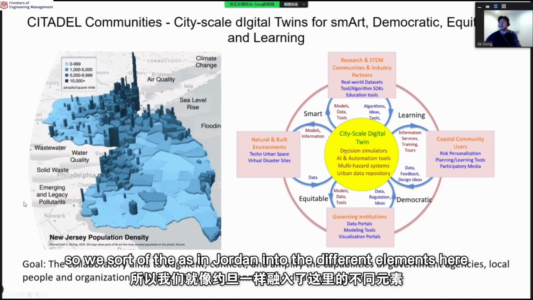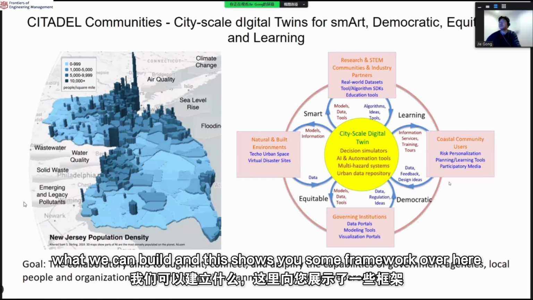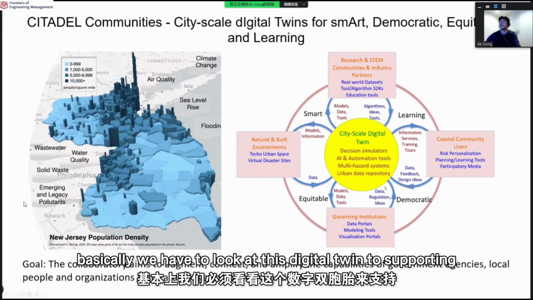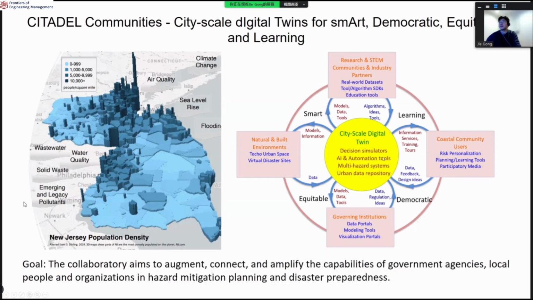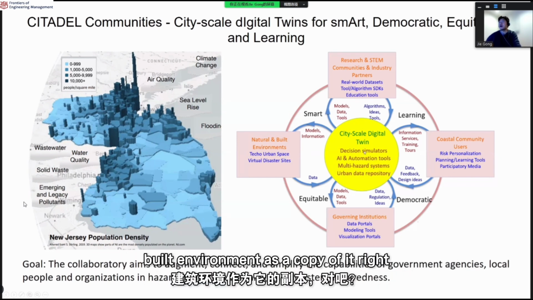So we drew out the different elements of what we can build, and this shows you some framework over here. Basically, we have to look at this digital twin to support not only modeling the built environment as a copy of it, right?